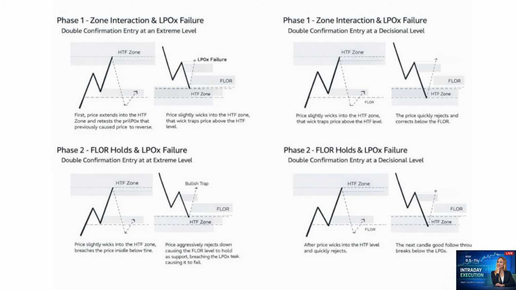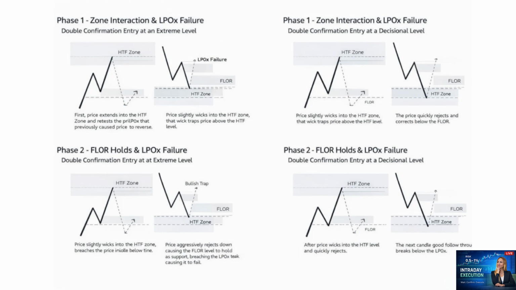And as you can see, this is a very powerful lesson in understanding whether to trade from the extreme or the decisional level. This situation can be used when you're looking at confirmation entries, in terms of whether you want to take your trade from an extreme or decisional level. We can also use this information on a double confirmation entry to establish our first level of respect, because the first level of respect can also form at an extreme or decisional level based on these confluences.